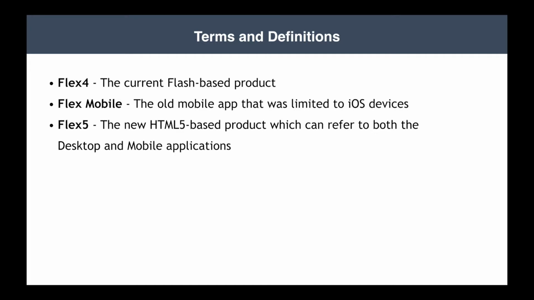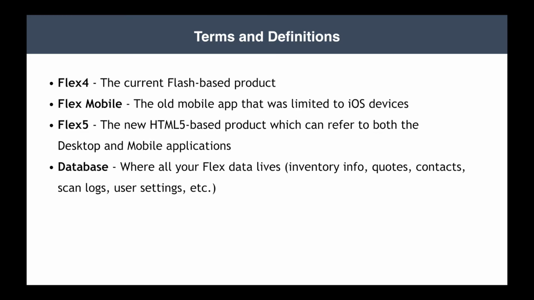Flex5 is the new HTML5 based product, and that can refer to both the desktop and the mobile applications. I usually differentiate, I'll say Flex5 Mobile when I'm talking about mobile, but a lot of times I just say Flex5 when I'm talking about desktop. The database is where all of your Flex data lives: inventory, info, quotes, contacts, scan logs, user settings, all of that.